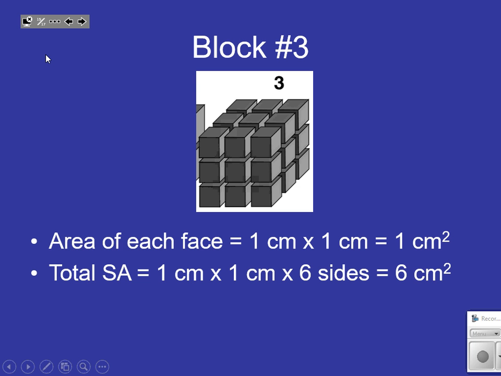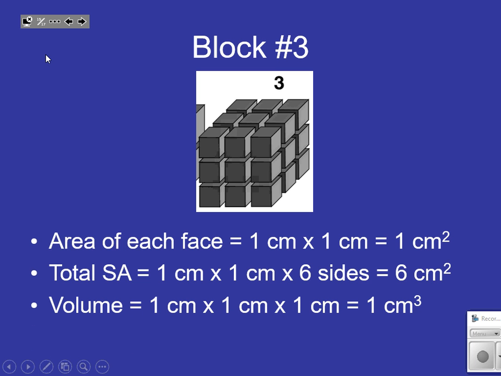My volume is length times width times height, so it's 1 times 1 times 1, which gives me 1 centimeter cubed. So the surface area to volume ratio for this one is 6 to 1.